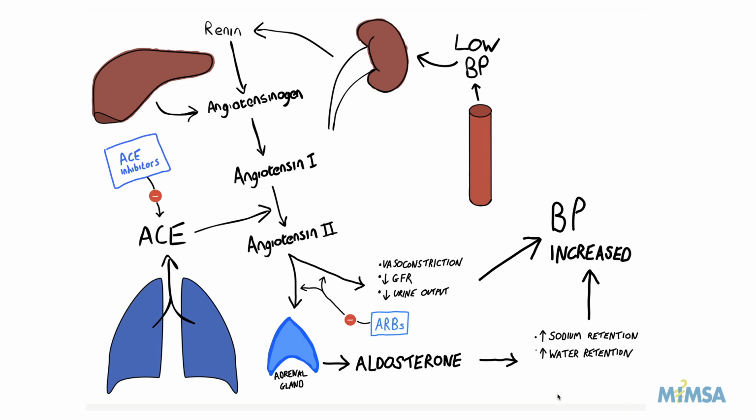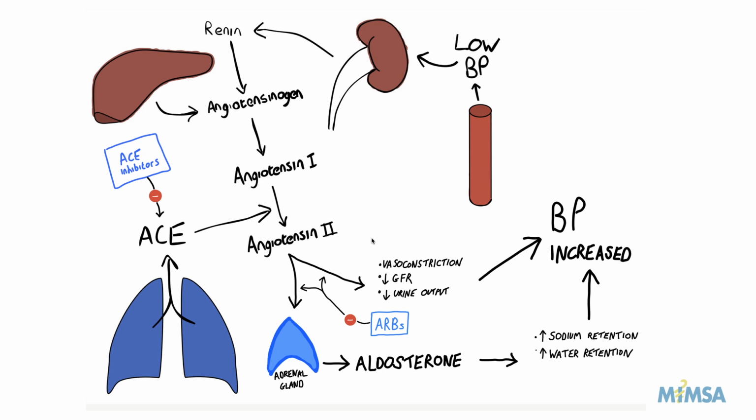So less sodium and water is filtered out, and there's more water in the circulatory system. With more water, more hypervolemia, the blood pressure is also increased. It also works by releasing vasopressin, or ADH, which decreases the amount of water excreted, increasing the blood pressure in that way.